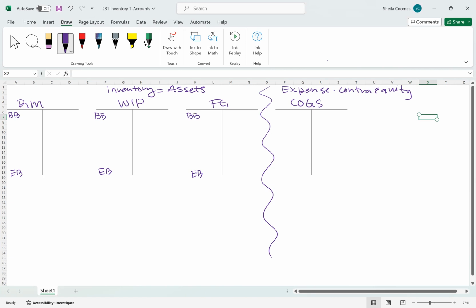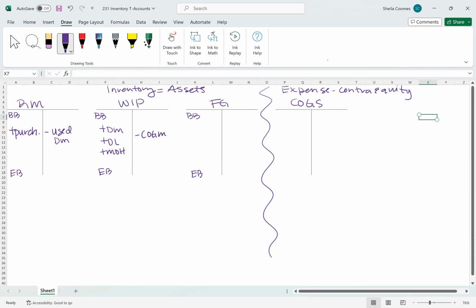Okay. Remember, raw materials are increased by purchases. They're decreased by materials used. And before, we had spoken specifically about direct materials. Work in process then is increased by direct materials, direct labor, and manufacturing overhead, and it's decreased by cost of goods manufactured.